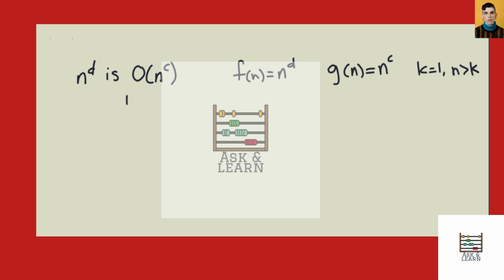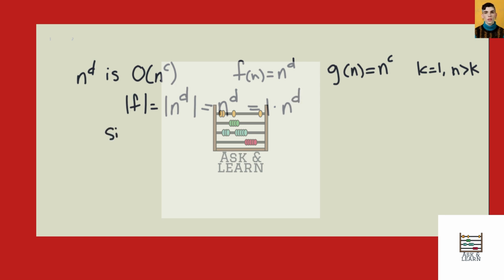Then we obtain, just by taking the absolute value of f, the absolute value of n to the power of D. Right, but n is at least 1 or larger, so it's positive. So that's just going to be equal to n to the power of D, which of course is equal to 1 times n to the power of D.